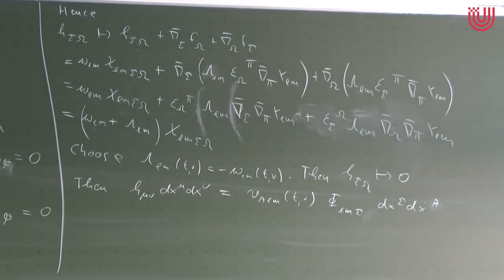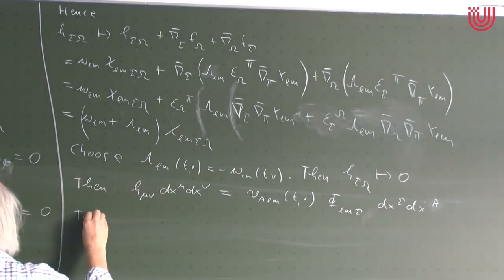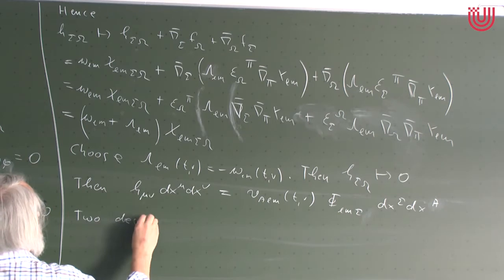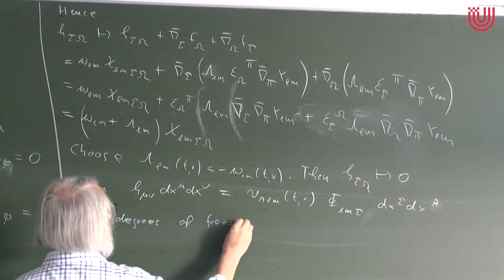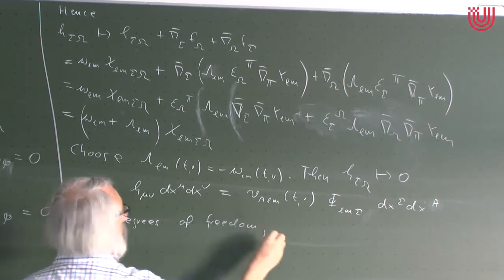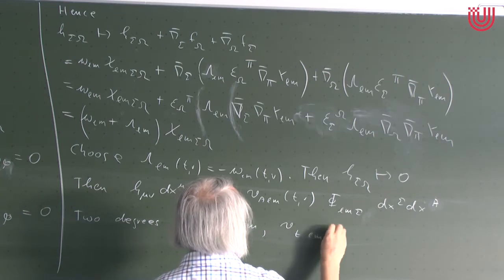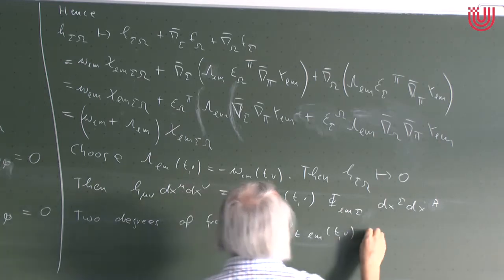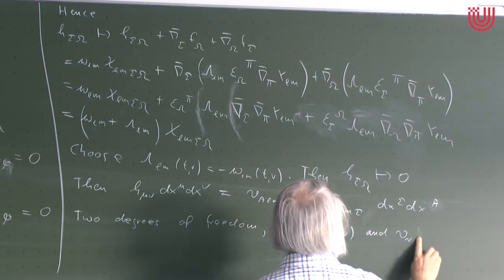So we end up with 2 degrees of freedom for our gravitational waves, namely the functions Vt LM of t and r and Vr LM.